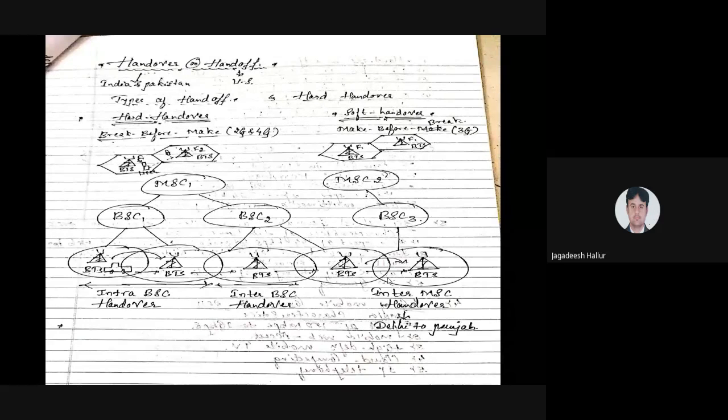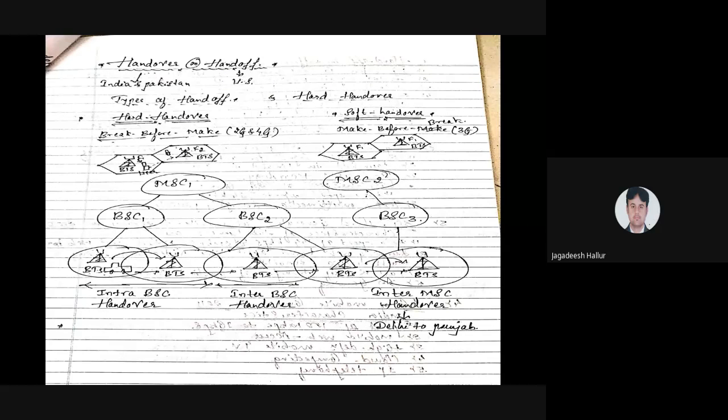There are mainly two types of handoff: hard handoff and soft handoff, or hard handover and soft handover. Both words are the same. Remember this, write down the types of handoff. What is the meaning of hard handoff?